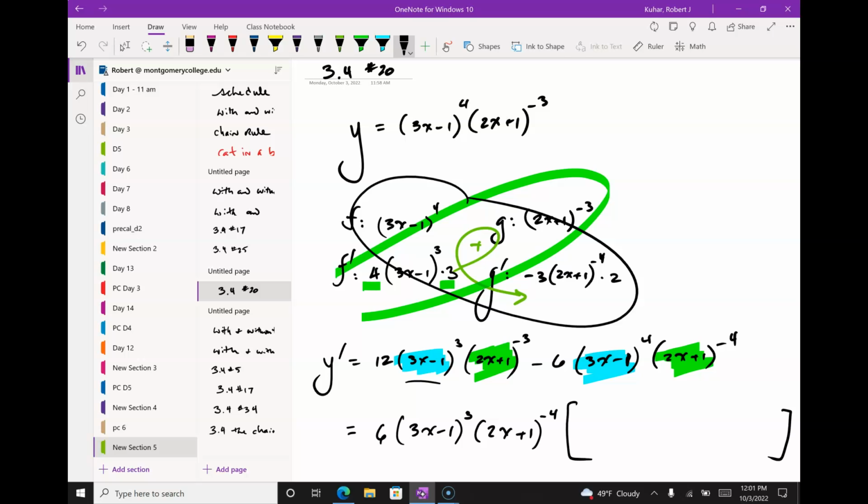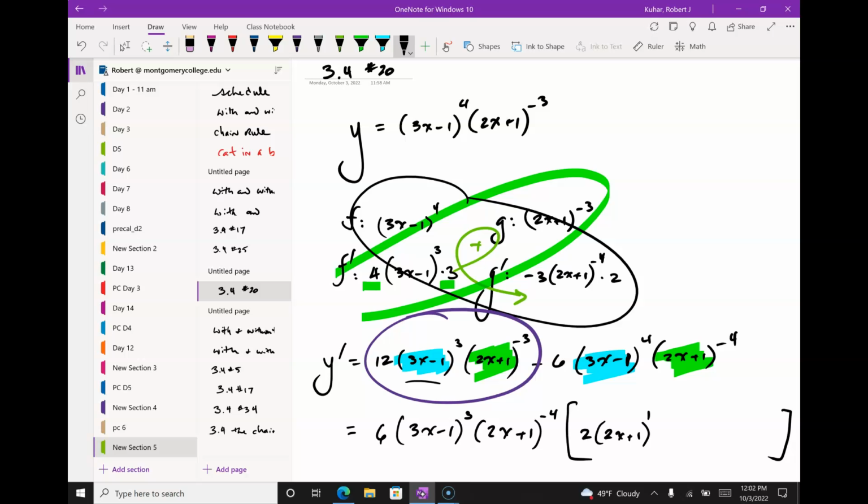This bothers most students. You fix it by doing the quotient rule instead, okay? But what's left over for me here? 2 times (2x plus 1) to the first power. Remember, when you're multiplying like bases, you add the exponents.